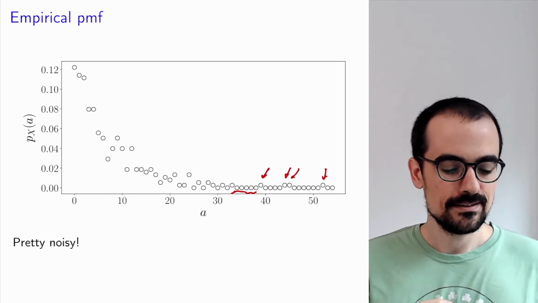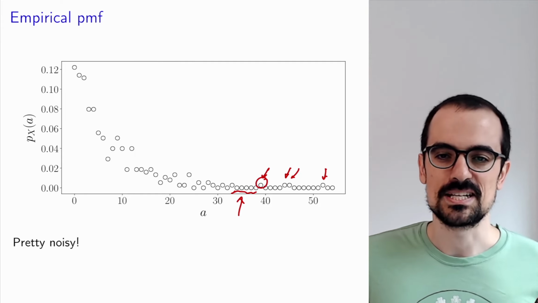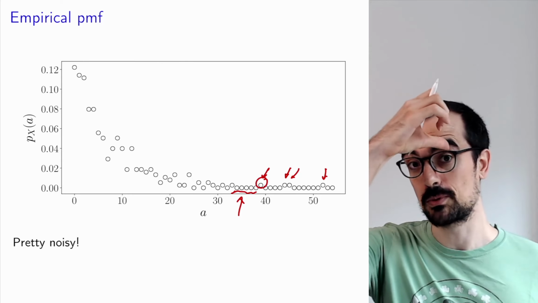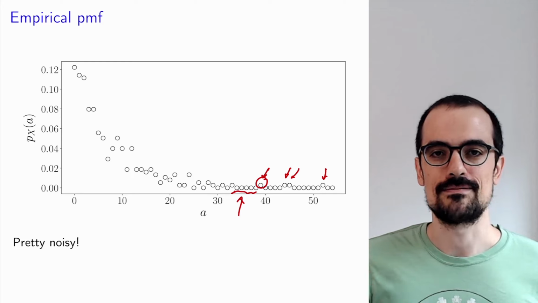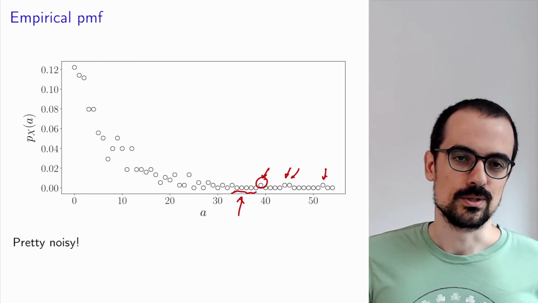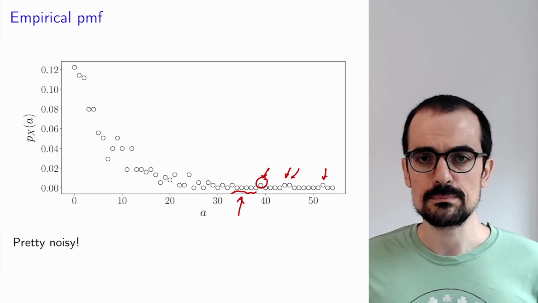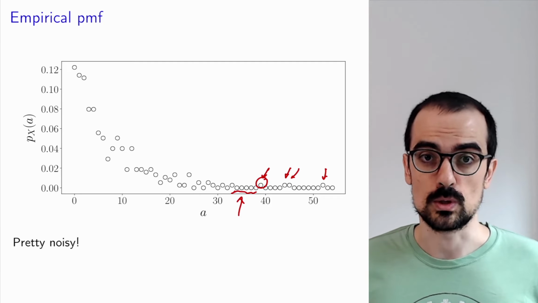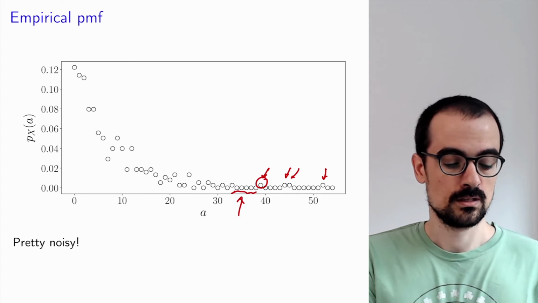Do we really believe that the value of the PMF here is 0, but here it's not? Is there something special about the number 39 as opposed to 38 or 37? Clearly not. So this is just because we have limited data. We don't have that many free throws that we have observed. So the probabilities are not exact. And we already talked quite a bit about this in the video on estimating probabilities from data.